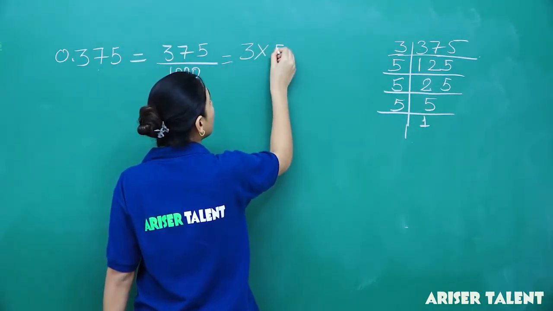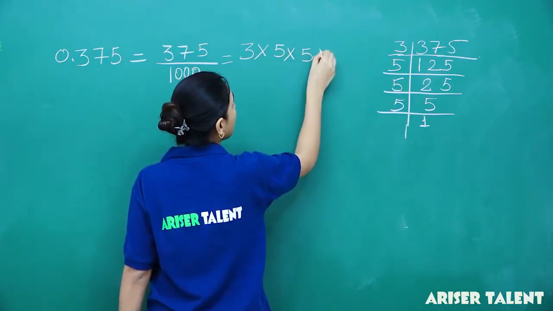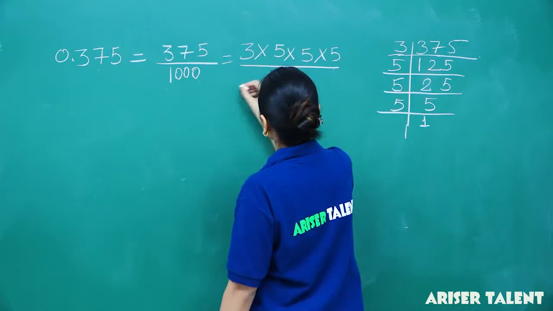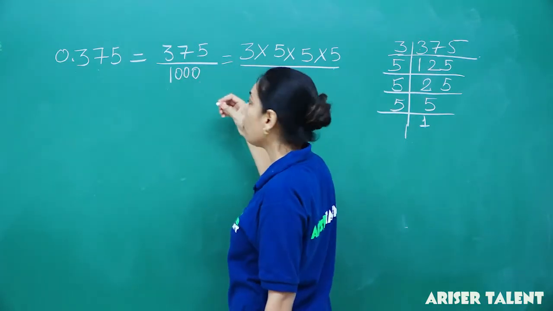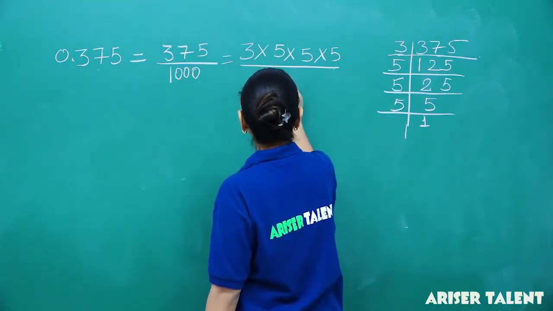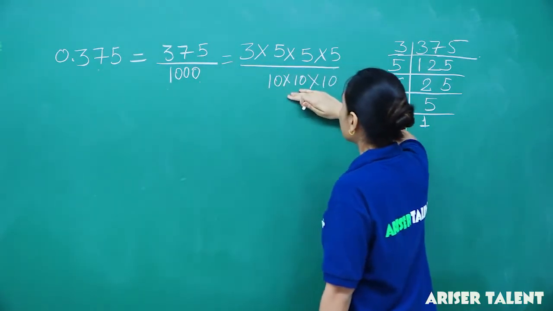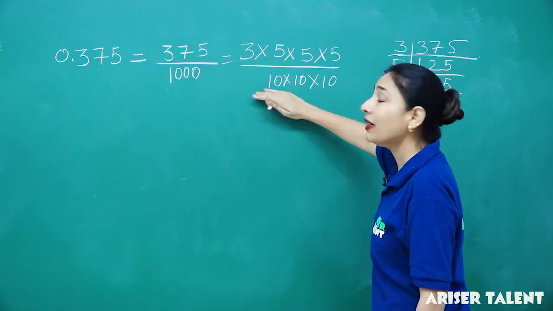So what will be the prime factorization? 3 into 5 into 5 into 5, and the prime factorization of 1000 will be 10 into 10 into 10, and the prime factorization of 10 is 2 multiplied by 5.